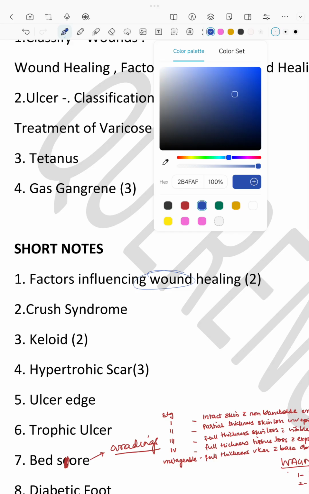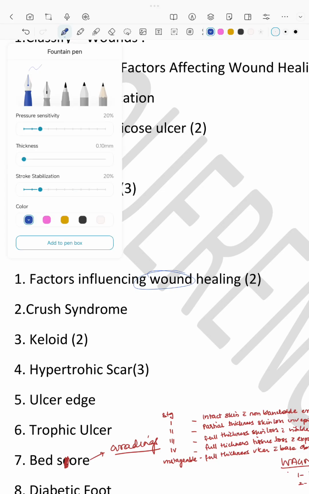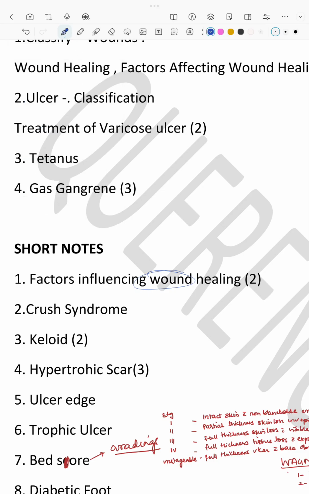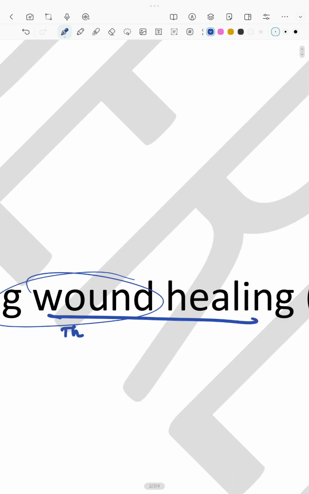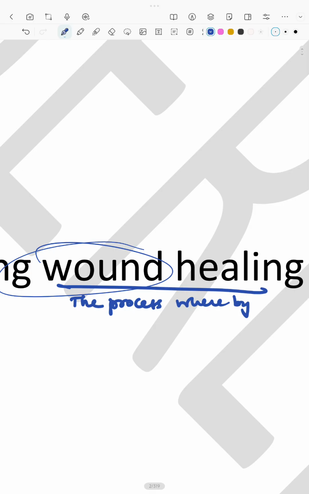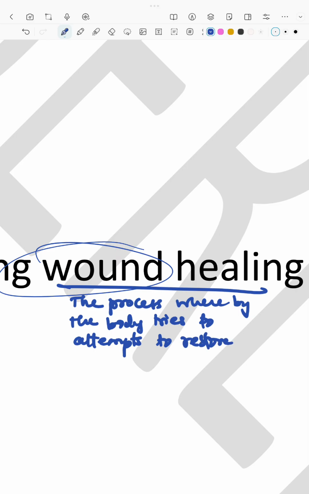It is the mechanism whereby the body tries to restore the integrity of the injured part.